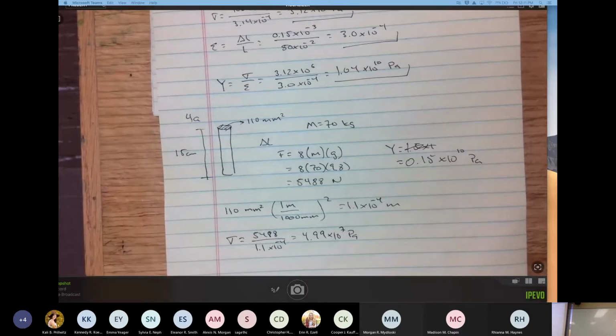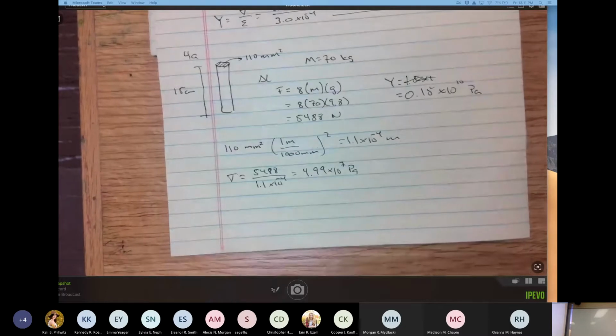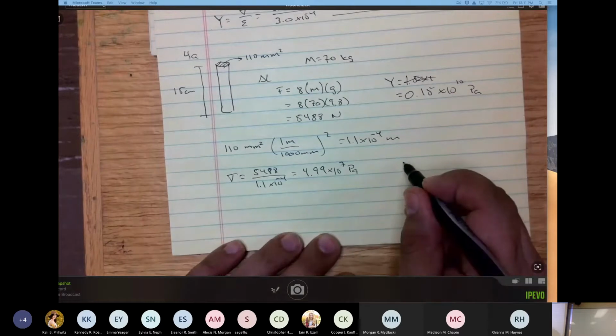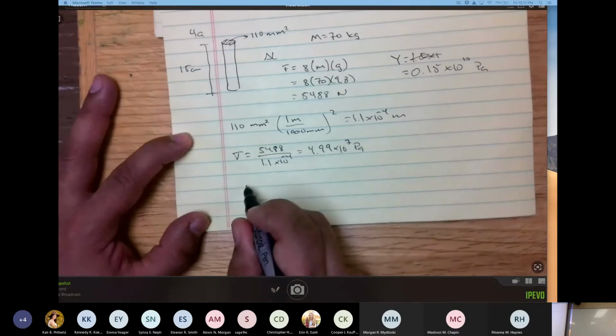And then to calculate the change in length, I know that the Young modulus is the stress divided by the strain.